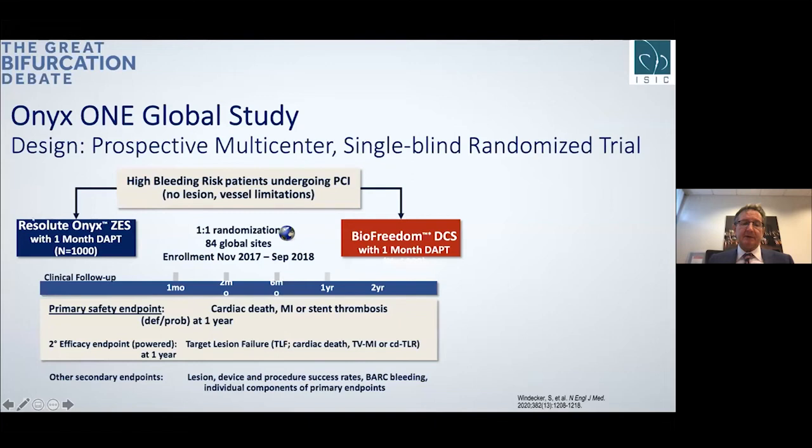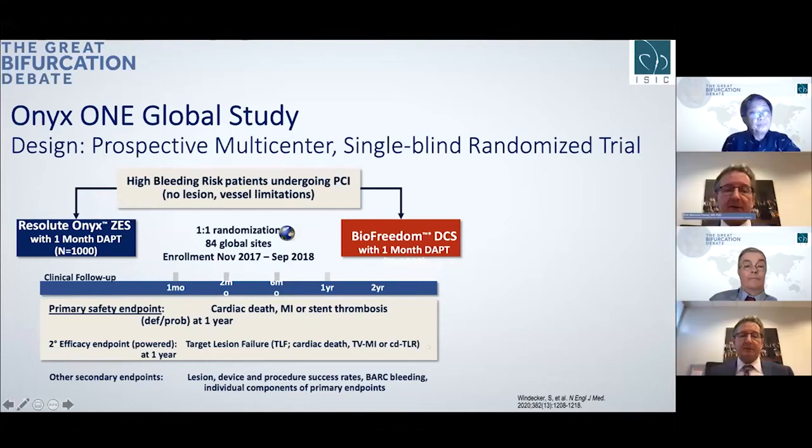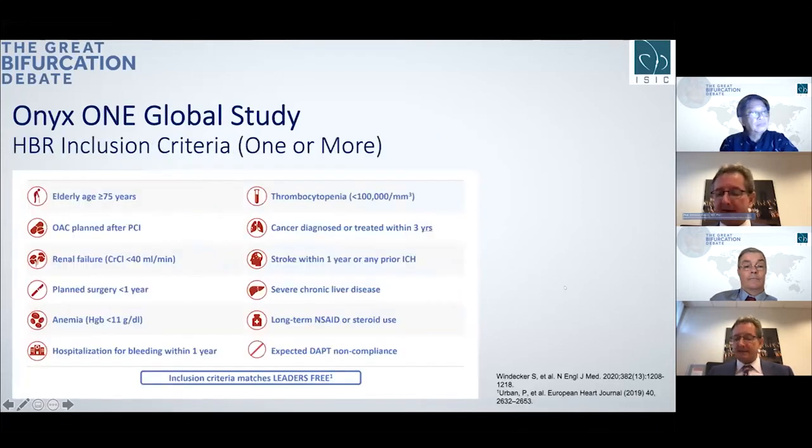In the study arm with Resolute Onyx, the aim was to show that 1 month DAPT therapy after Resolute Onyx is safe for our patients. The comparison was done with BioFreedom, which was one of the best stents for this topic, short DAPT. Which patients were included?